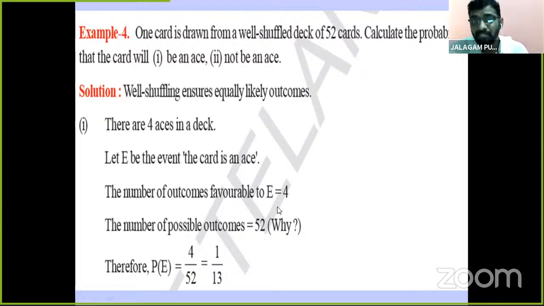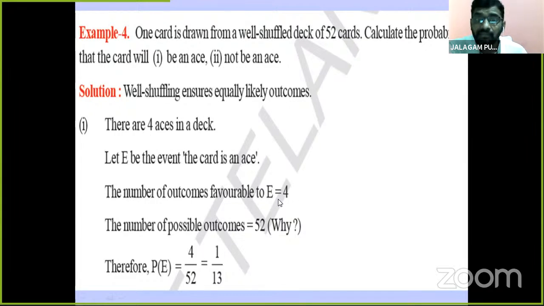The number of possible outcomes, why? Because we use a formula. Here the number of possible outcomes are how many? 52. Why? Because in a deck of cards, how many cards are there? 52 cards. That's why here the number of possible outcomes are 52.